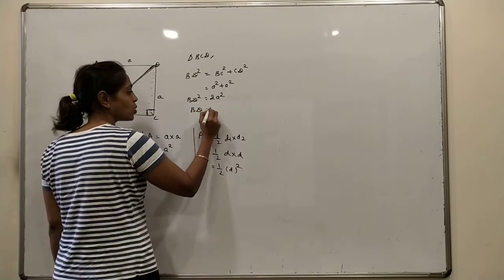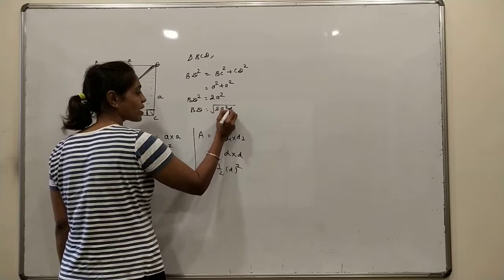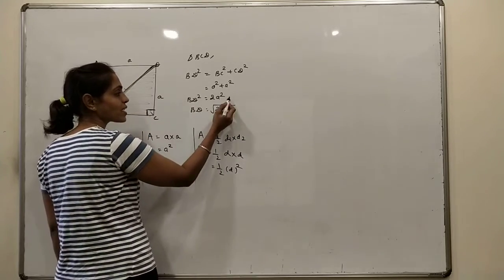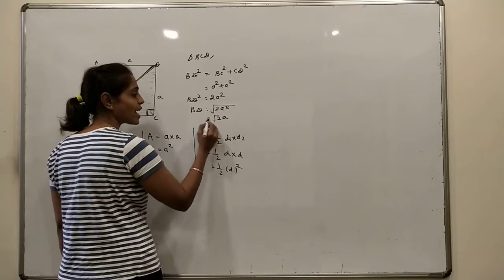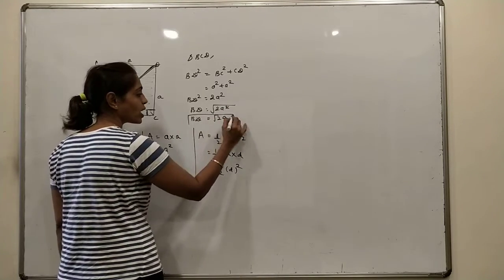So BD is equal to under root 2a square. Got it? A square is the side, so square root, root 2 and the square root cancel, it is a. So BD equal to root 2a.